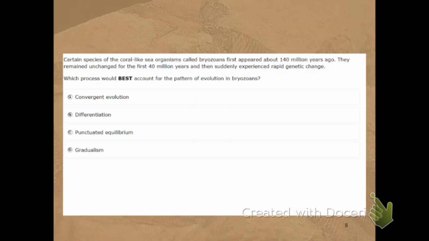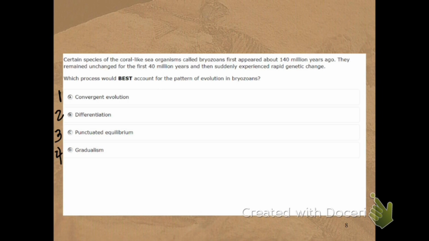All right, again, A is going to be 1, 2, 3, and 4. Here's your question. Certain species of the coral-like sea organisms called bryozoans first appeared about 140 million years ago. They remained unchanged for the first 40 million years and then suddenly experienced rapid genetic change.